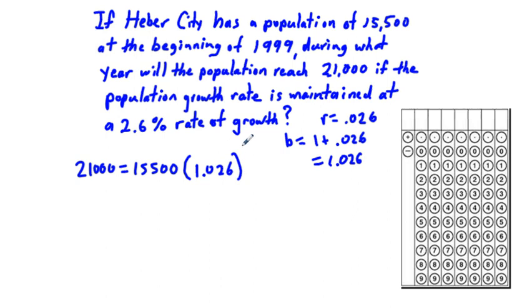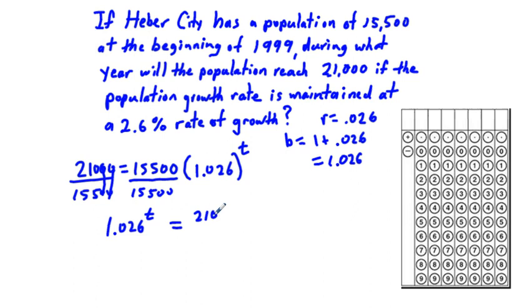You can solve by graphing. If you divide by 15,500, we have 1.026 to the power of t equals 21, and we can cross out the last two zeros, so I'll put 210 over 155.